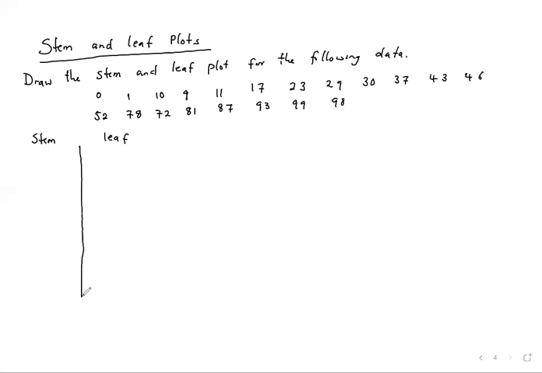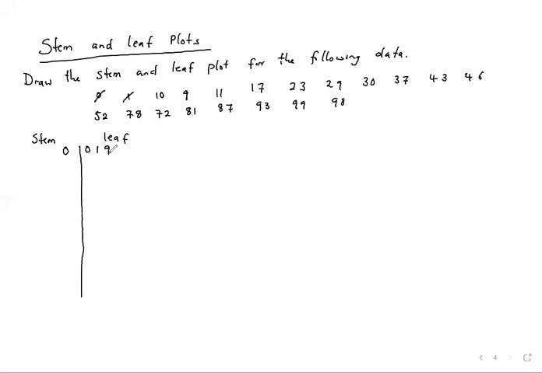So the numbers that are single digits, I'll say that their stem is 0. Instead of me saying 0, 1, 0, 2, 0, 3, I just put the 0 on the left, and then on the right, I put what they are. So I have 0, we have 1, and any other single digit number, we only have 2. I mean, there's also 9. So just list them like that.